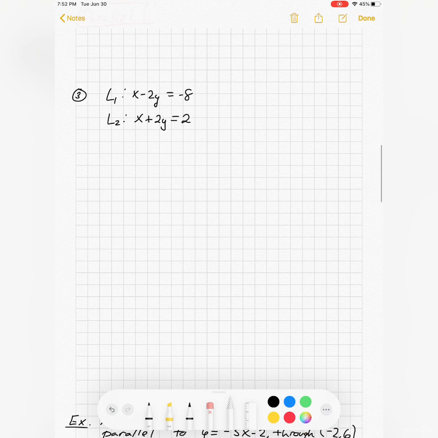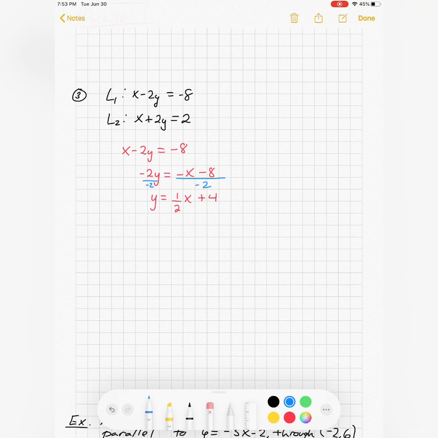Okay, one more set. Let's see, let's start with line 1. Divide by -2. So 1/2 x plus 4.